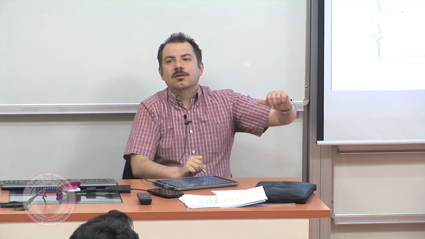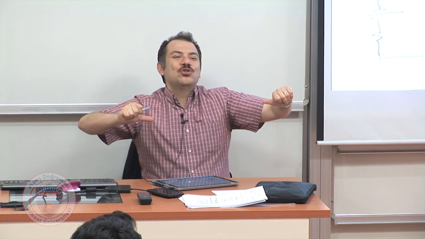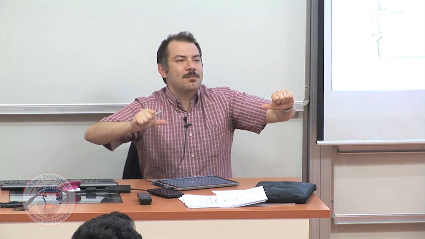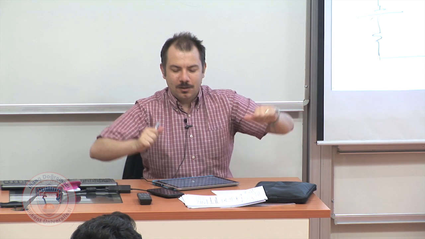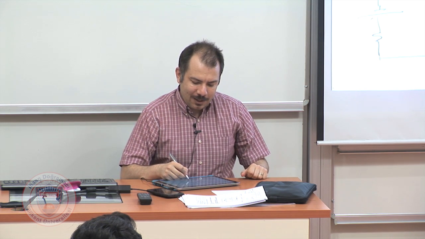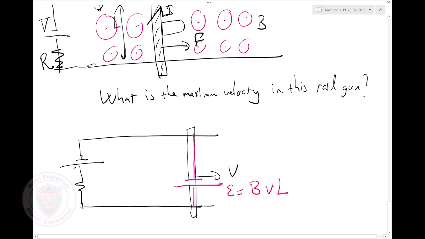The battery will oppose, the virtual battery if you want, the induced EMF due to the rod will oppose the original battery that's driving the current. Okay. So what will be the electromotive force of this battery? It's going to be B times v times L. That's what we found.